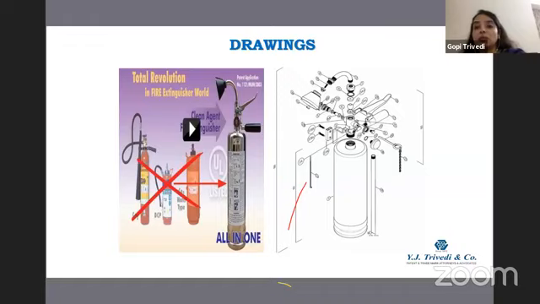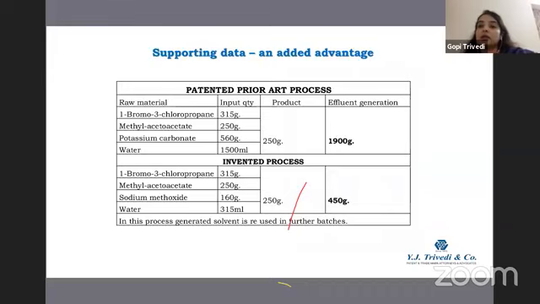Then supporting data, like this table which we already referred to earlier. This is basically supporting data to prove that, look, I'm better, look, I'm novel over the patented prior art, and thereby we pray or request the patent office to grant us the patent.